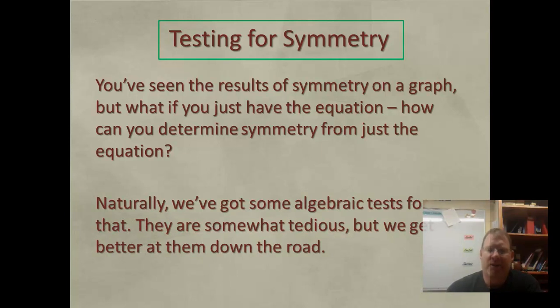Now they're a little bit tedious, but eventually we learn some little shortcuts that help us along the way. And if you're one of those that kind of sees a shortcut, then bring it up in class and point it out to us because it's helpful. I'm not going to talk about it on here, but if you happen to notice it, let us know in class.